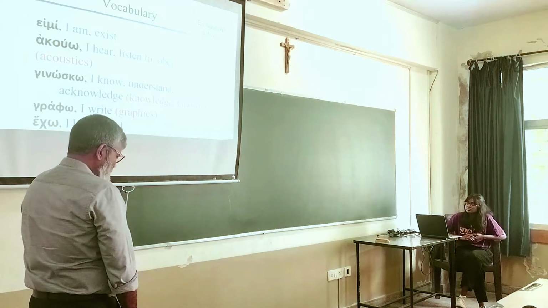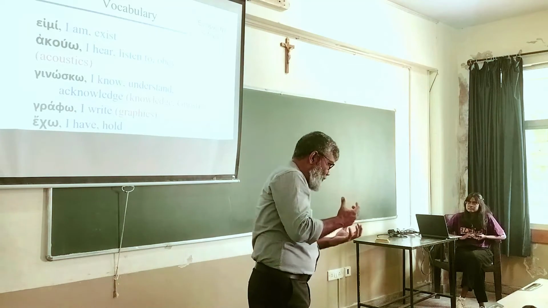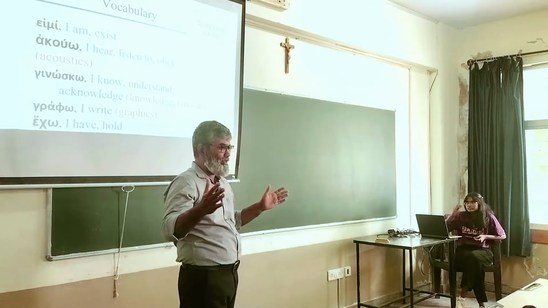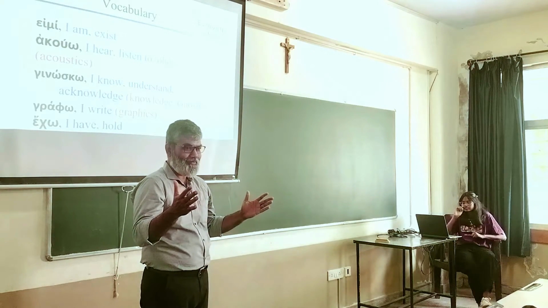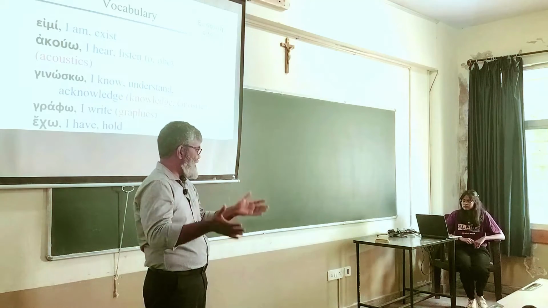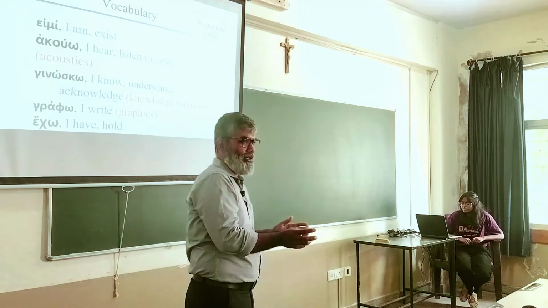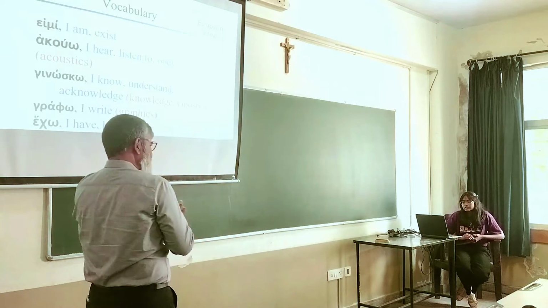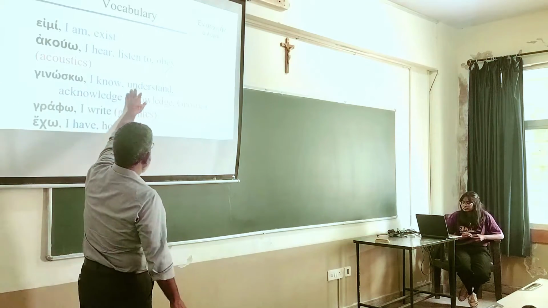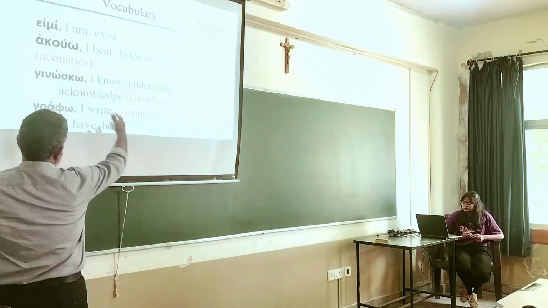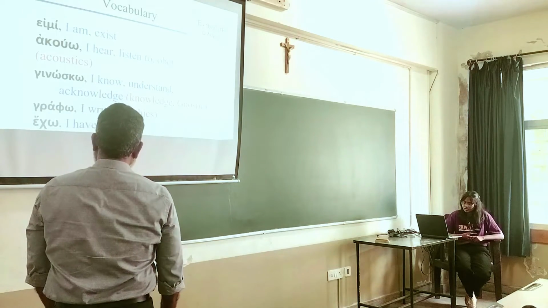By the way, though it all looks so simple, even nouns and words have a lot of nuances. It has a bandwidth of meaning. So again, the translator has to decide based on the context what word should I use. You don't need to memorize everything, at least one word. Best you can say Akouo means I hear. Ginosko means I know.